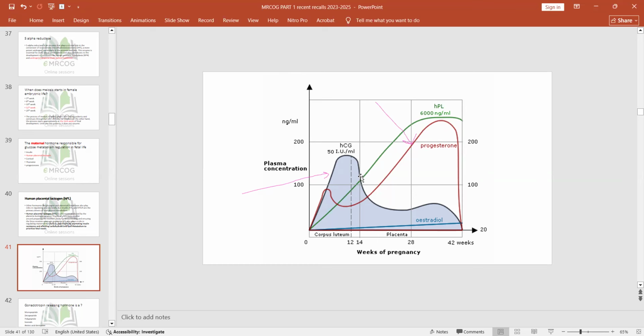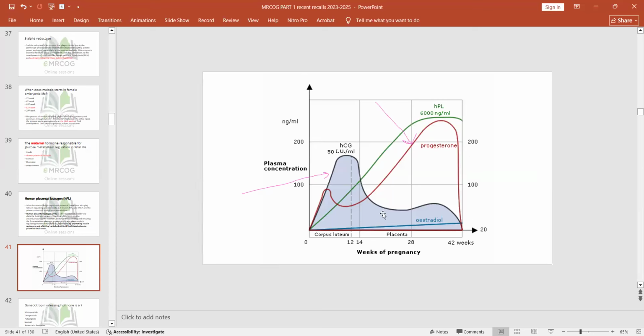HCG is important for the maintenance of estrogen and progesterone throughout pregnancy, because if they are getting low, this patient is going to have a miscarriage. Why is she having a miscarriage? The placental attachment is going to be really poor.